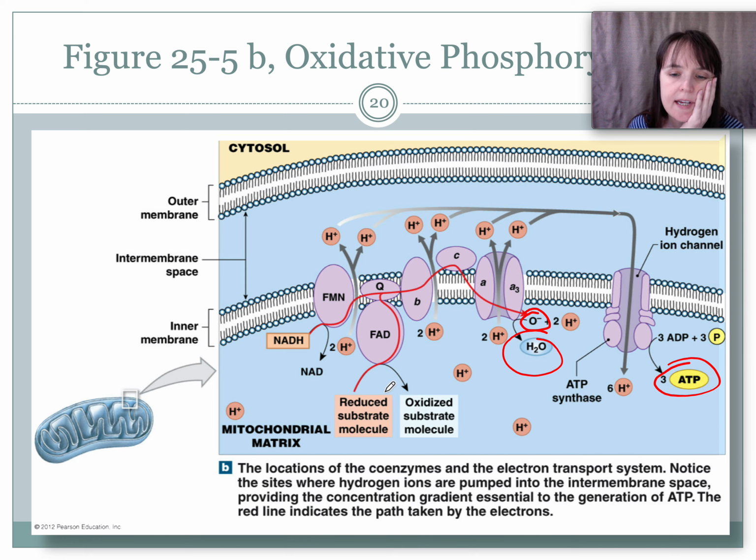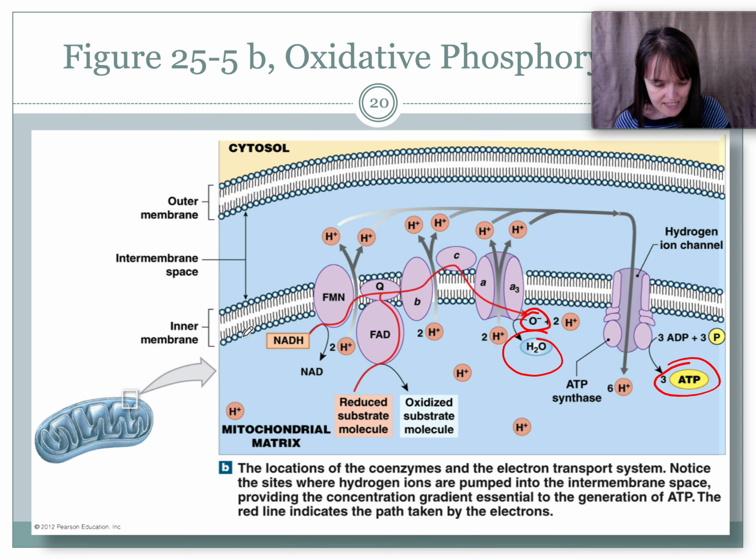Now the FADH2 drops its off at a different spot, so this helps pump more hydrogen, so that's why this makes more ATP. But if you start here in the process, like the FADH2, then we pump 2 here and 2 here, 4, and that makes less ATP than this NADH did.